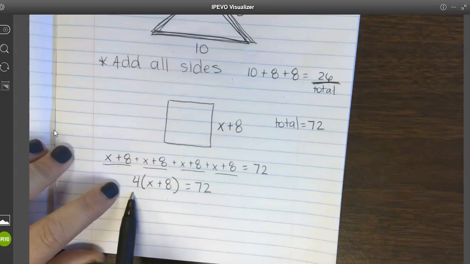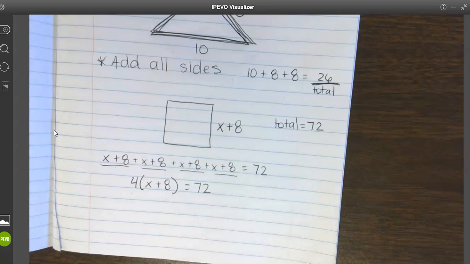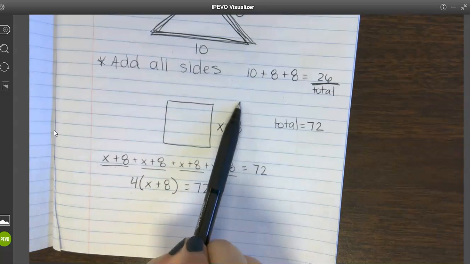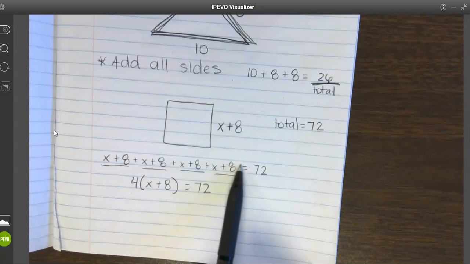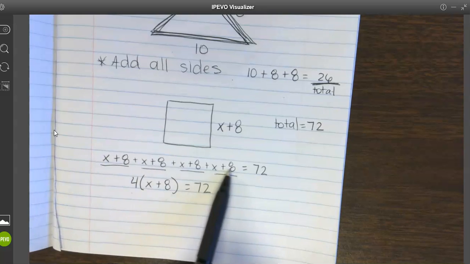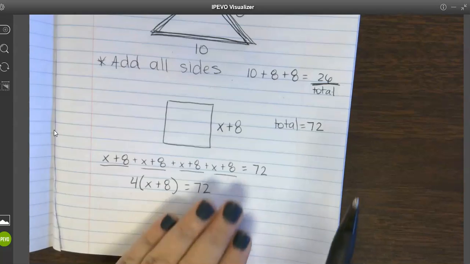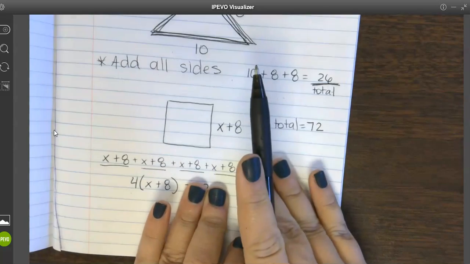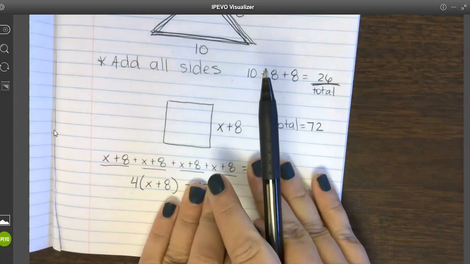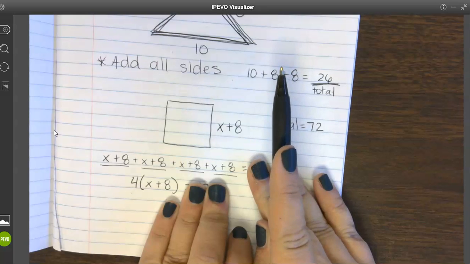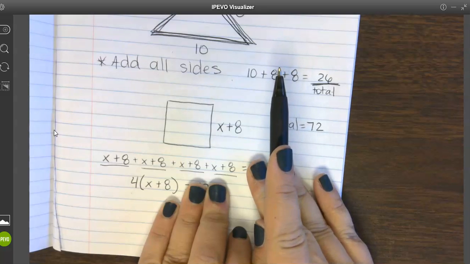Okay, so once again, a lot of things that we do, it's not just being able to solve this, but it's also representing these equivalent expressions or equivalent equations that would represent this. Okay, so we've talked about, without the equation part of it, how these two things would represent that square. Okay, these two expressions represent that square's value.